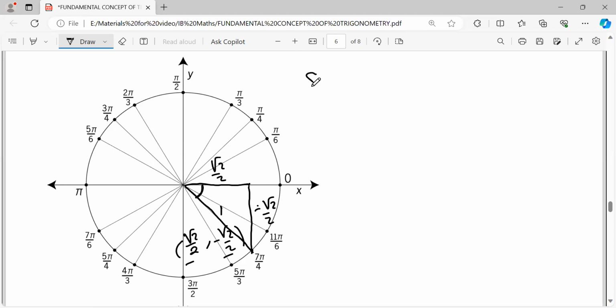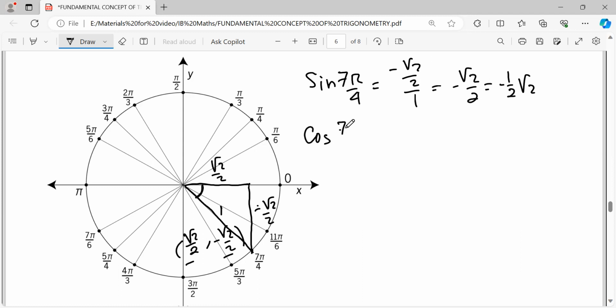So sine 7 pi over 4 equals negative square root 2 over 2 over 1, which is negative square root 2 over 2, or negative half square root 2. Cosine 7 pi over 4 equals square root 2 over 2 over 1, which equals square root 2 over 2, or half square root 2.